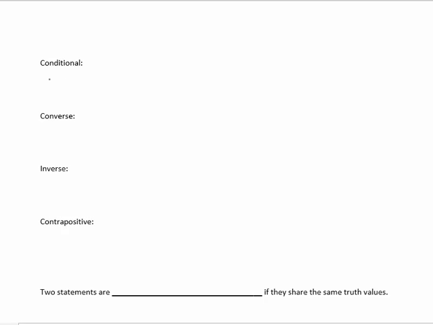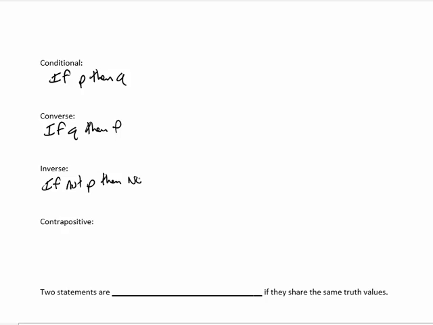So conditional would be if P then Q. Converse would be if Q then P. Inverse would be if not P then not Q. And your contrapositive is if not Q then not P.